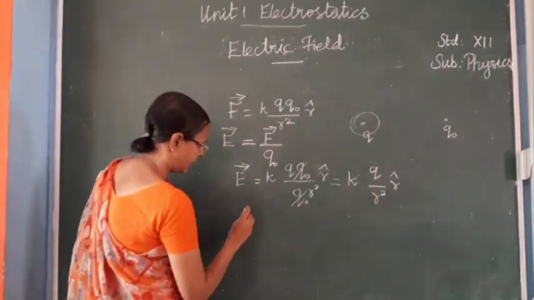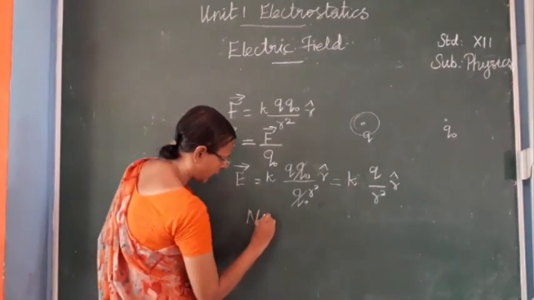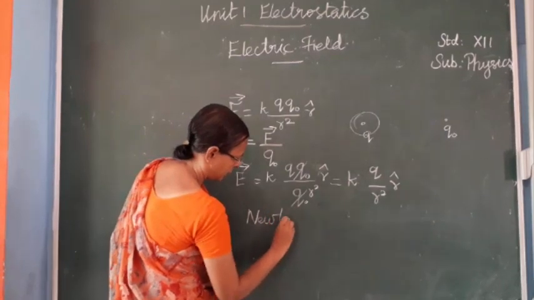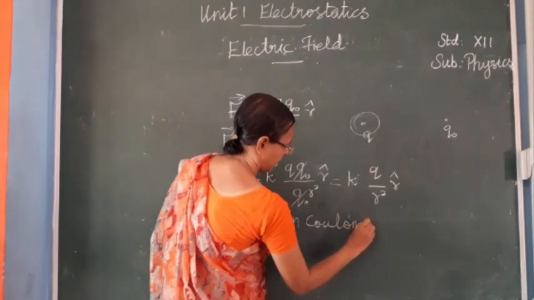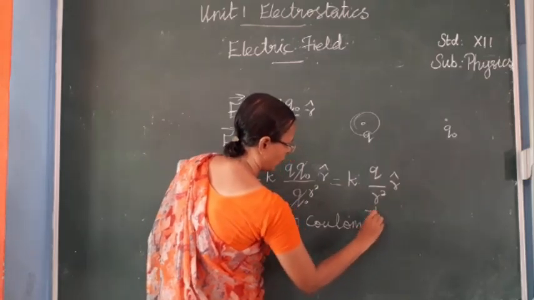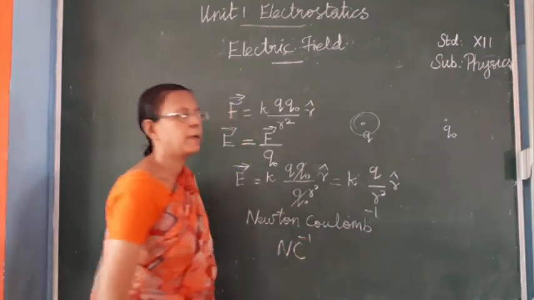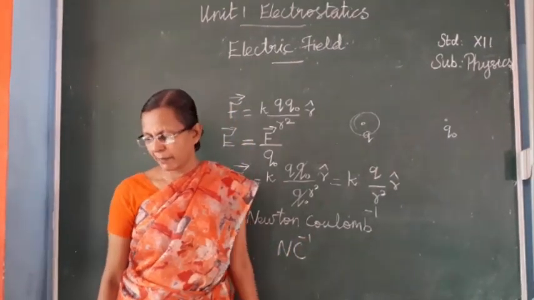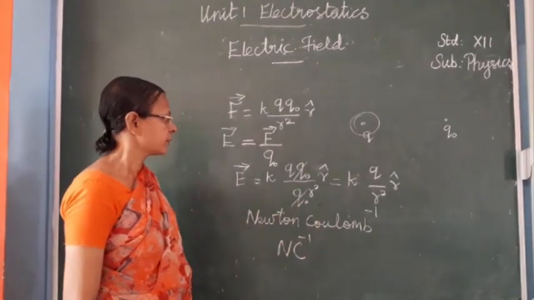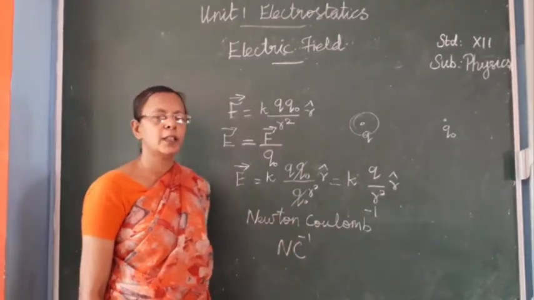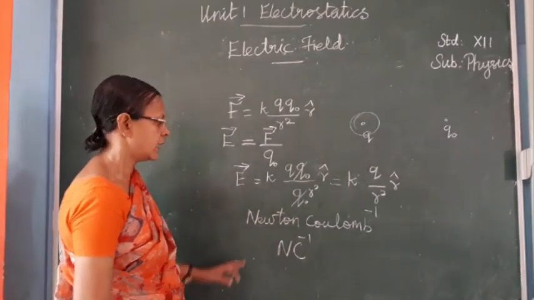The SI unit of electric field is Newton per Coulomb, Newton Coulomb power minus 1, which we write in symbol as NC power minus 1. This is the SI unit of electric field. Next, we can learn about the important aspects of this electric field.